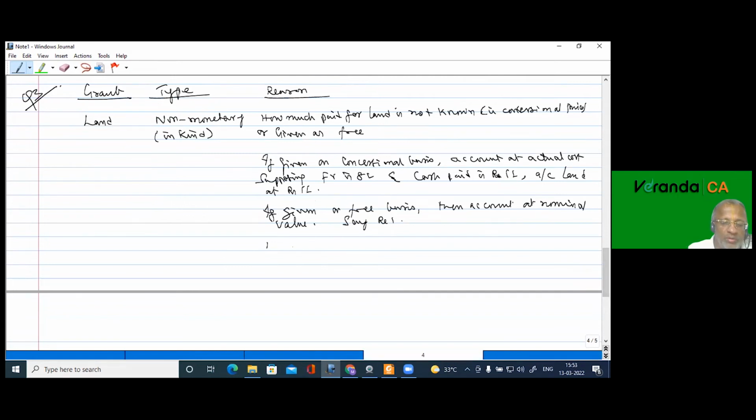No government grant will be given without conditions.